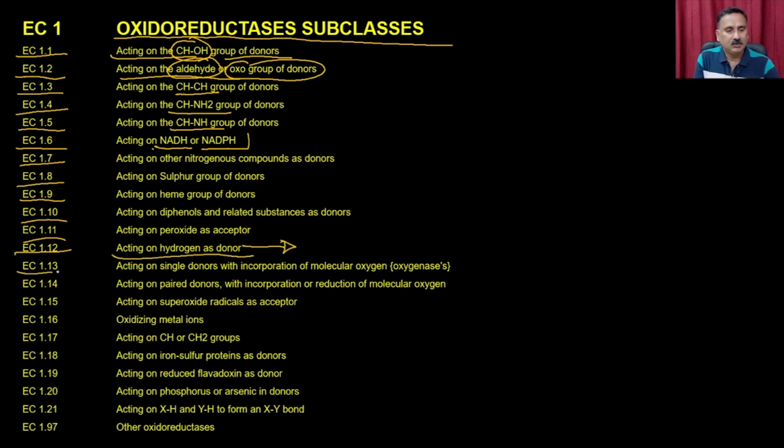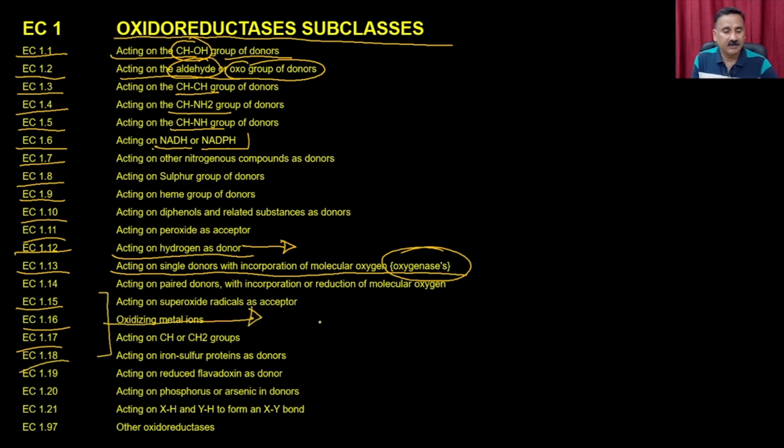And then EC 1.13, which is acting on a single donor with incorporation of molecular oxygen. So these are the oxygenases. Then we have EC 1.15, 1.16, 1.17, 1.18. All these are the different subclasses within the oxidoreductase class, and they are working on different types of substrates or catalyzing different types of reactions.